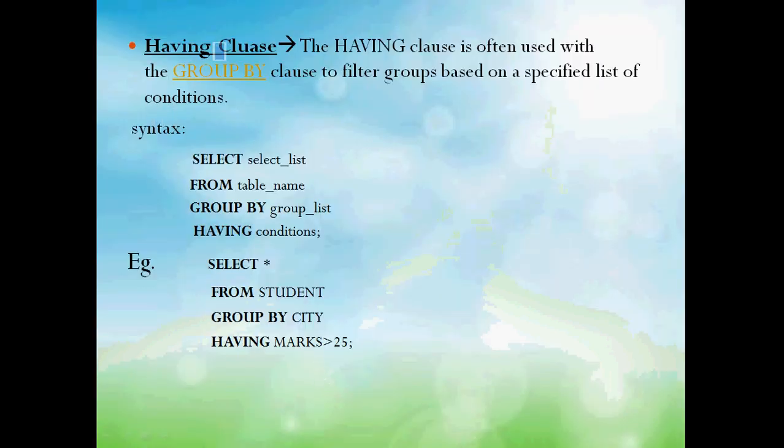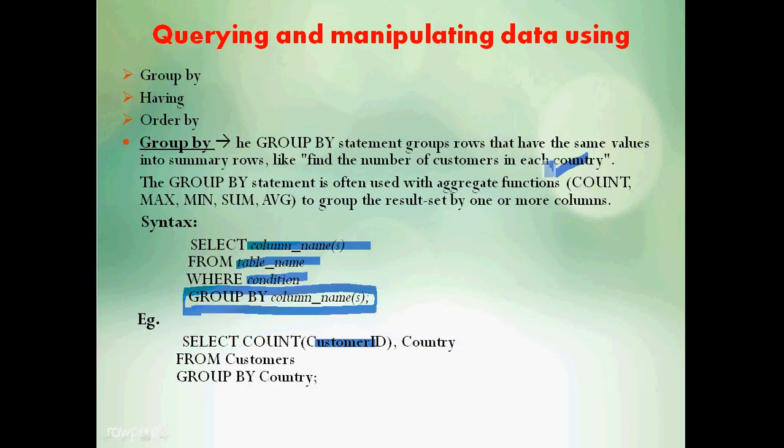Now what is the having clause? The having clause is used if you need to do any filtering inside the group. For example, in the previous case, we just found the number of customers from each country.